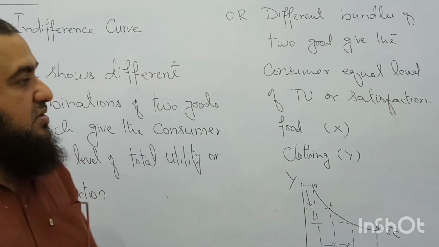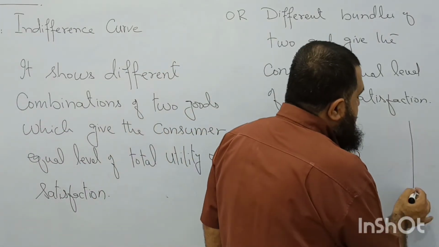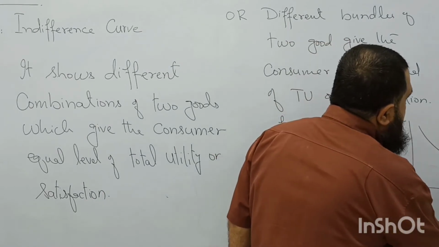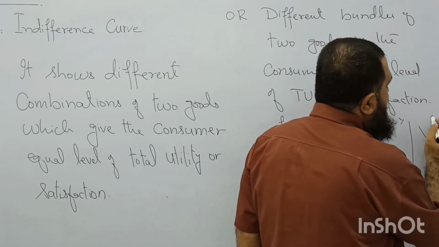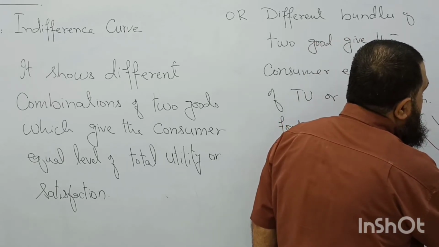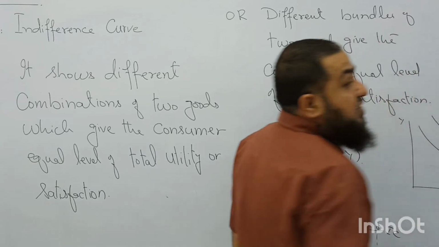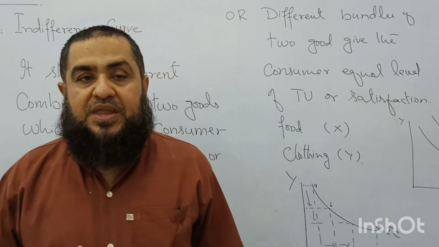Okay. Now, what is happening? Actually, we find there is one indifference curve, there is another indifference curve, there is another indifference curve. We say there is a map of indifference curves.